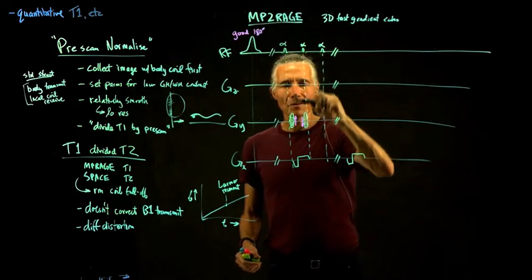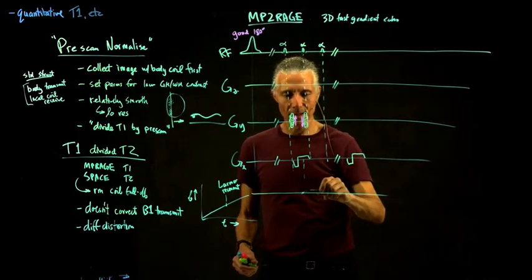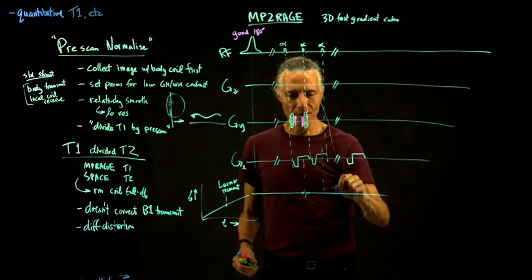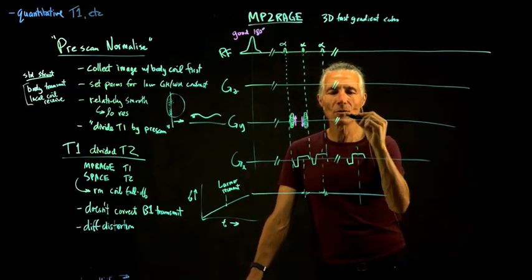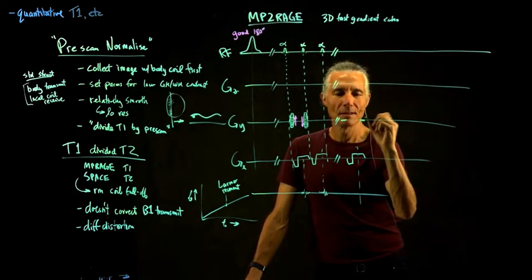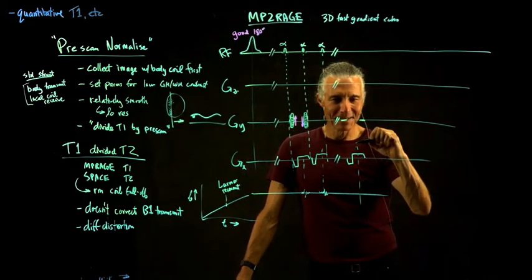So here's the RF signal, so there'll be a little echo here, and another echo here. And then when we get to the center of K-space, there'll be no phase encode gradient on. And so that one won't be a steady state one.